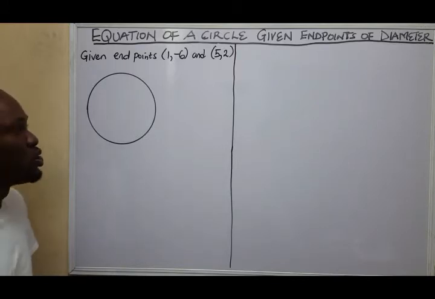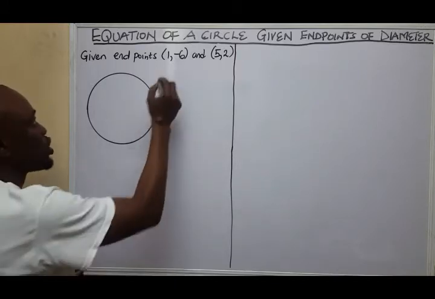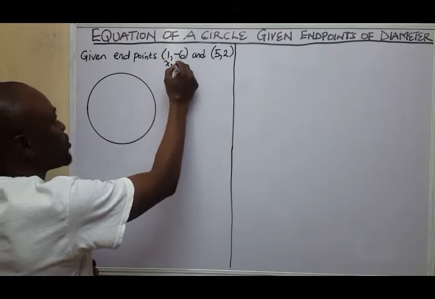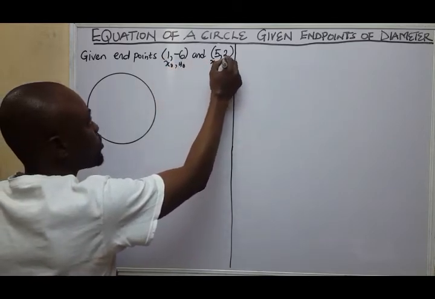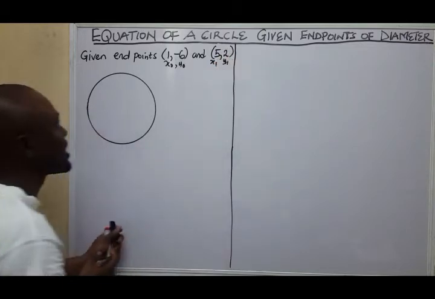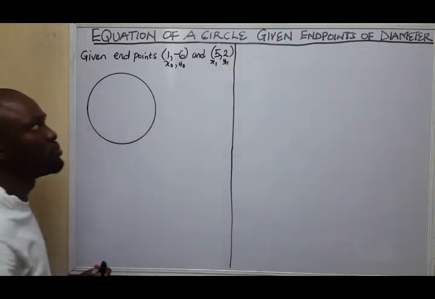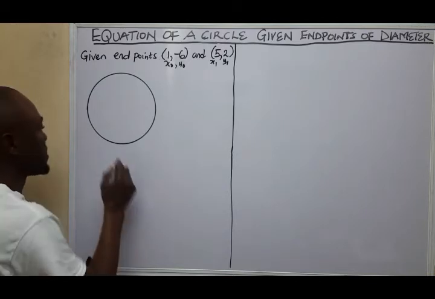The first thing I want to do is to tag the 2 points as x sub 0, y sub 0, and x sub 1, y sub 1. Next, I want to locate the 2 endpoints of the diameter on the circle.